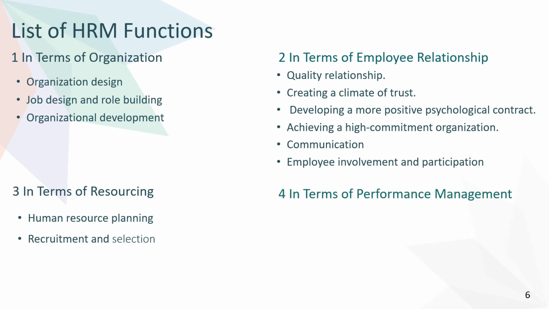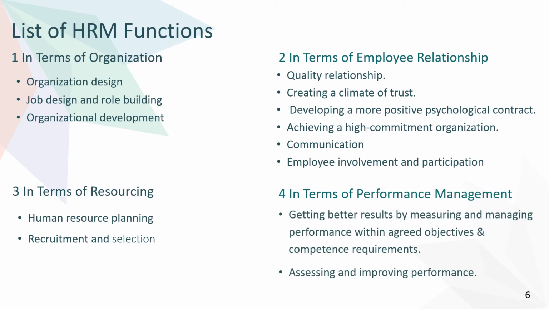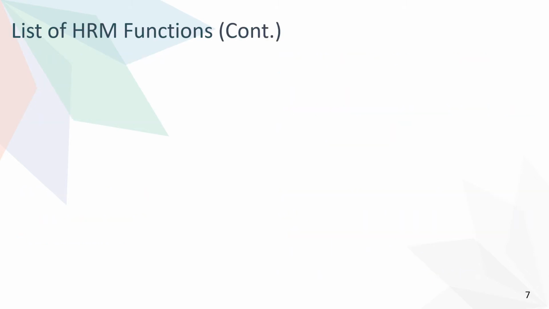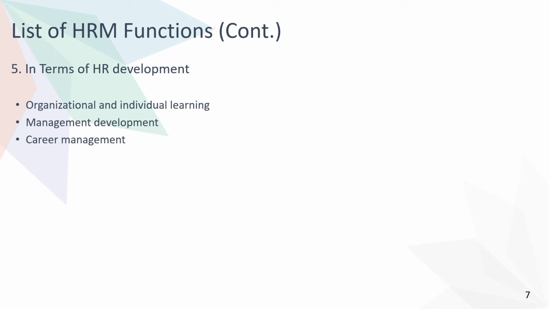Now, in terms of performance management, like getting better results by measuring and managing performance within agreed objectives and competence requirements, and assessing and improving performance. Now we will see in terms of HR development, like organizational and individual learning, managing development and career management.